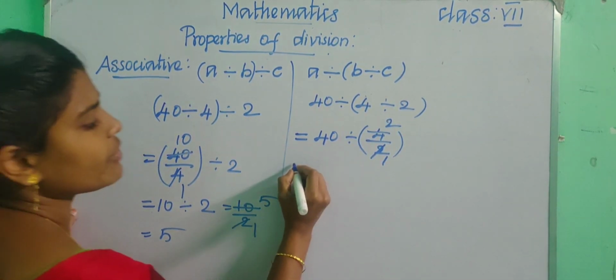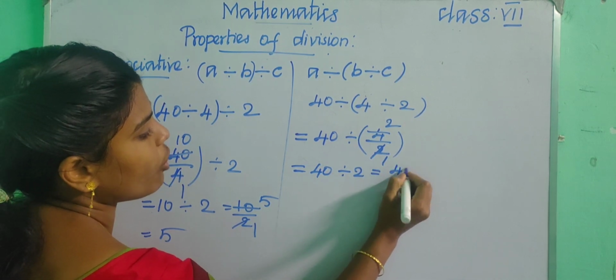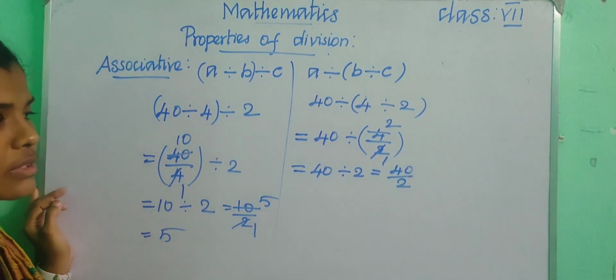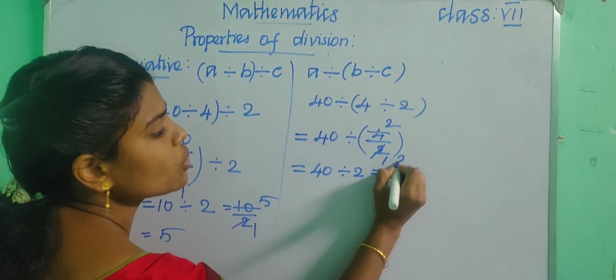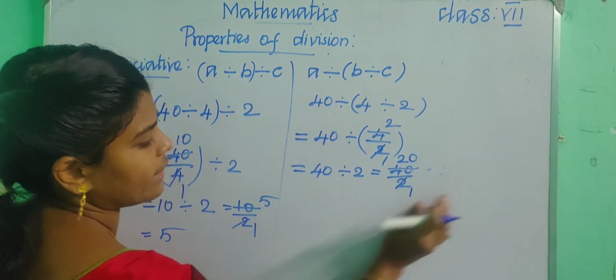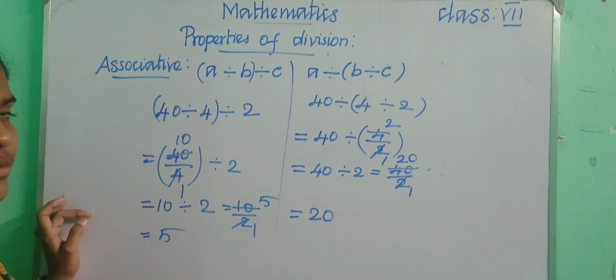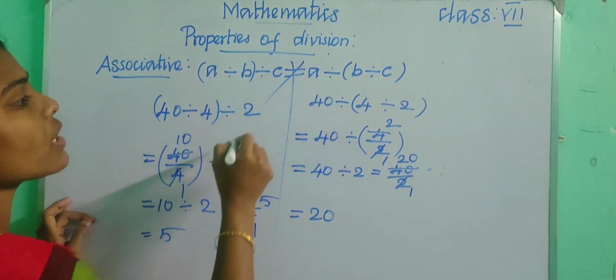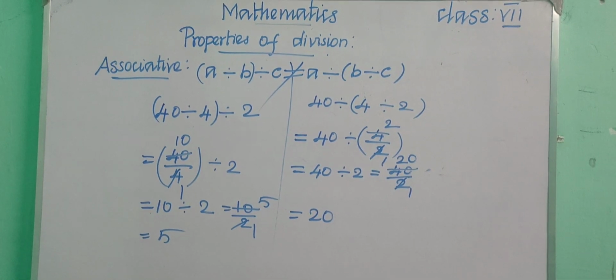So we got 40 divided by 2, that we can write as 40 upon 2. Now 1 2 is 2 and 2 2s are 4 and 0. So what is the answer we are getting? We are getting the answer as 20. Are these two equal? No, right, these two are not equal. So we can say division of integers does not hold associativity.